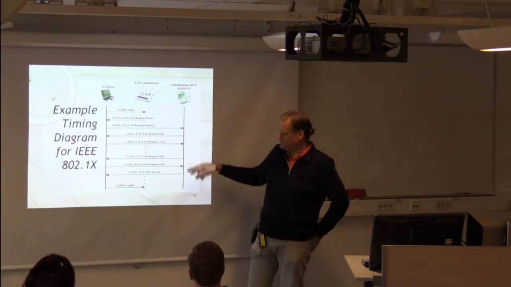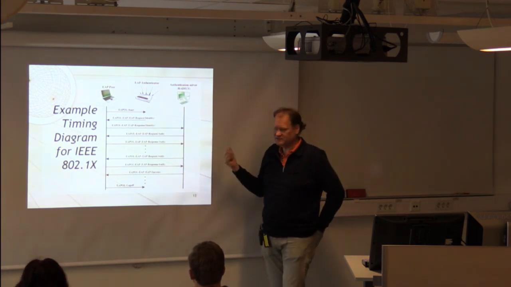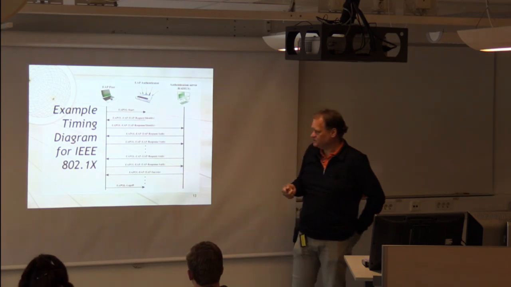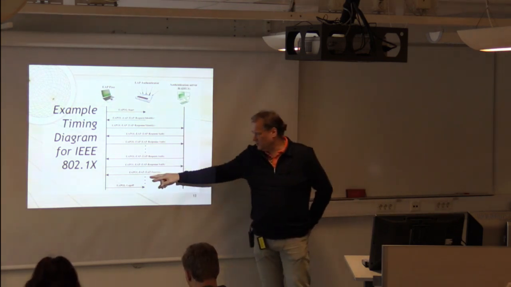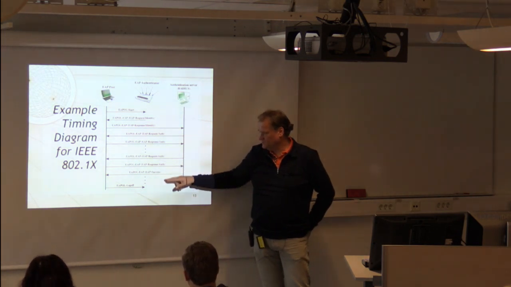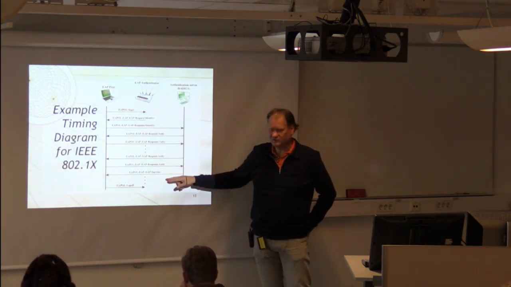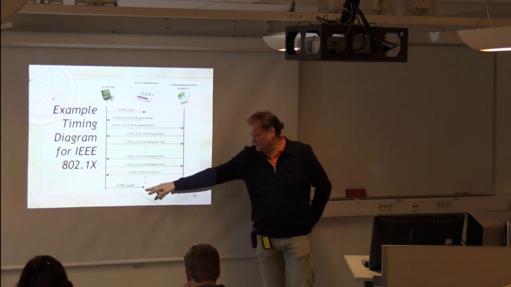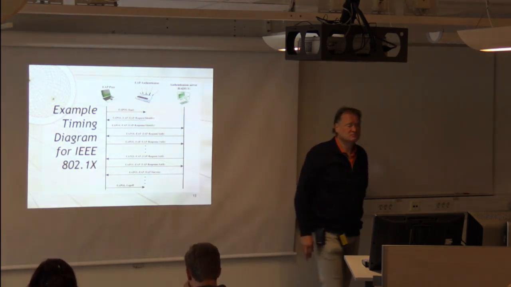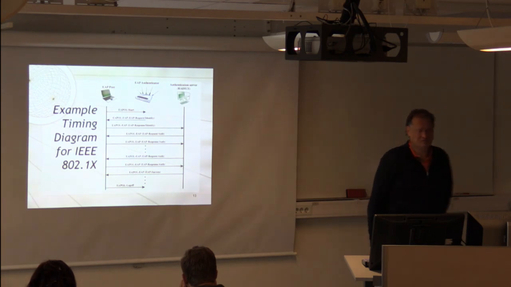And then we have this exchanged until the authentication server is either happy or decides not to allow you. And then after this stage here, you will have a connection to the network. So now you can continue to send normal messages. And then at the end you do a log off if you're nice.